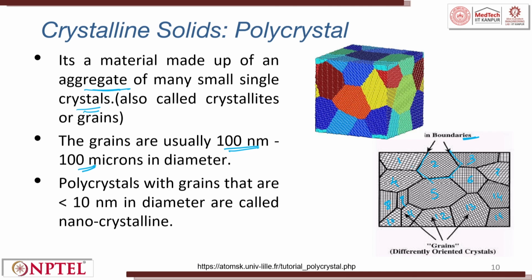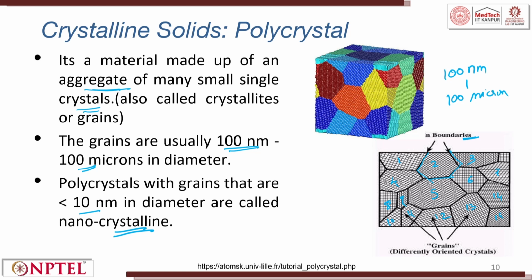Again, how do you play with the grain size? When you do heat treatment, we play with the grain size. Polycrystalline with grain size less than 10 nanometer in diameter is called nanocrystalline. So, the normal size we are talking about is 100 nanometer to 100 micron. When we go towards 10 nanometer, it is called nanocrystalline material.